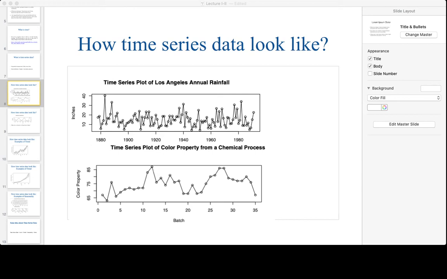If I use, say, on the y-axis the t-th period, and on the x-axis I plot the t minus 1th period, I see no prominent trend here.